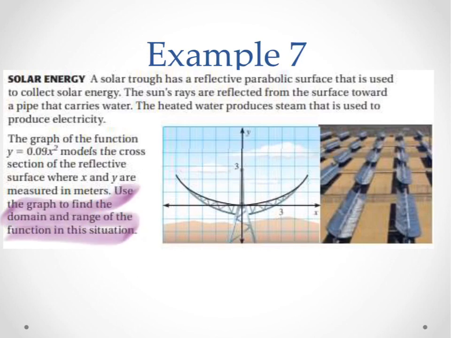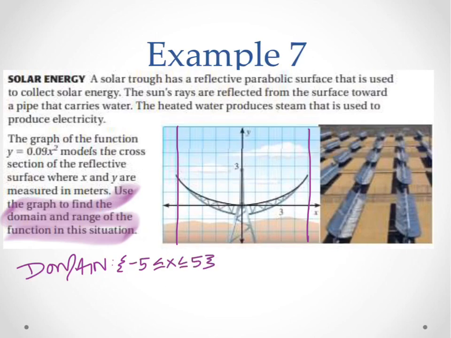But the main important thing is it's asking us to use the graph that is given to us here to find the domain and range. The domain is not all real numbers in this case, right? It's not going on forever. It is starting at -5 and ending at +5. So the domain is going to be all real numbers, including -5 and 5, everything in between.